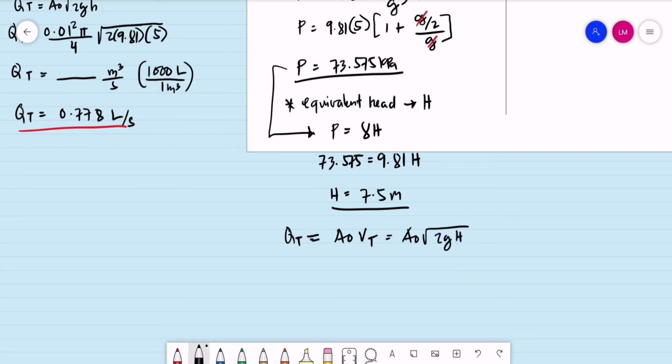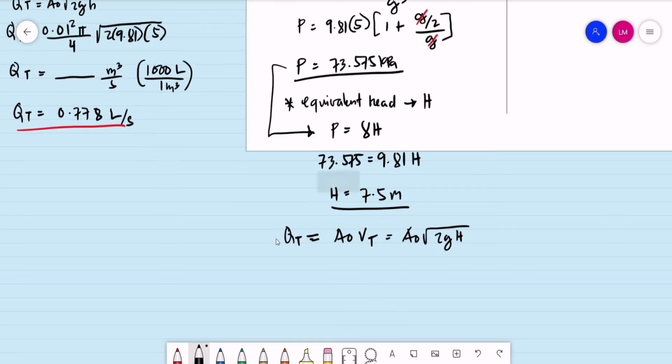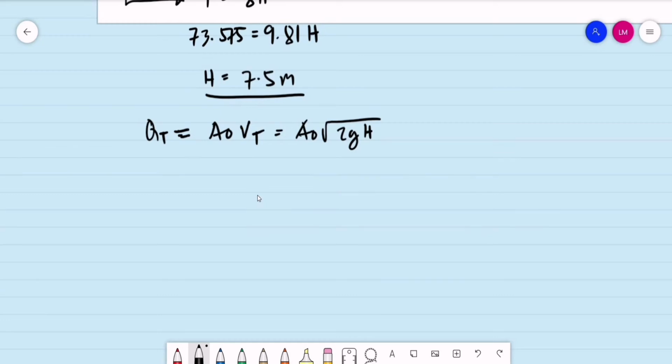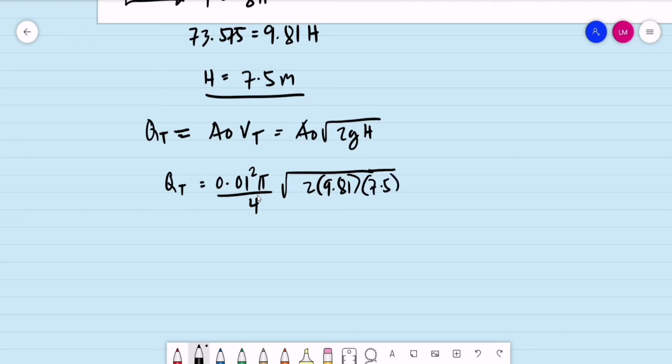So, ito yung total head yung gagamitin natin this time. Okay, so we have the theoretical discharge. Area ng orifice kanina is 0.01 squared pi divided by 4. Then, the square root of 2 times 9.81, total head dahil sa acceleration na upward is 7.5 meters.